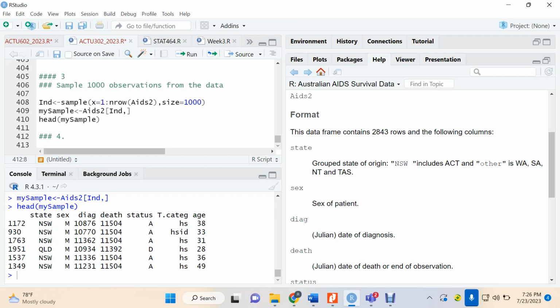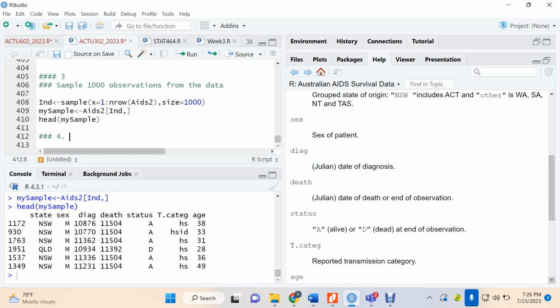Diag, that is date of diagnosis. And death, date of death or end of observation. So if you have all this and then we ask you to compute the survival time, what do you need again? It is not about any formula like your survival functions. I did not say survival function, I said survival time. Okay?